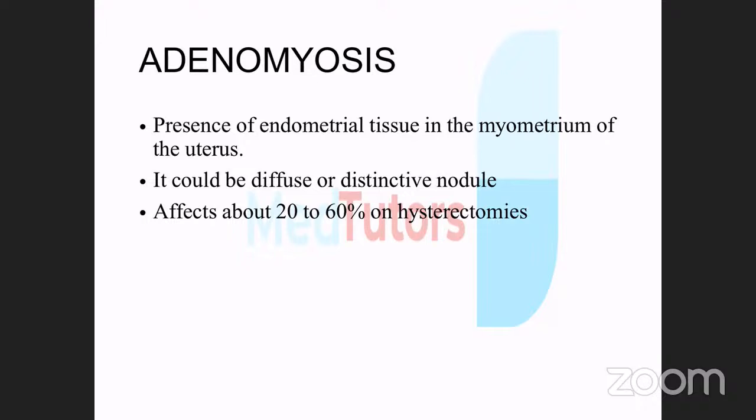It is found that in about 20 to 60% of all uteri examined at histology contain identifiable endometrial tissue within the muscle layer, which means virtually all women have some form of adenomyosis or the other, depending on the extent and the age. Next slide.